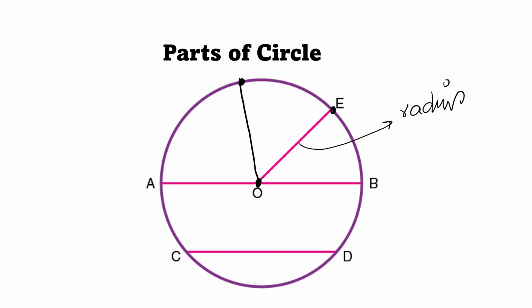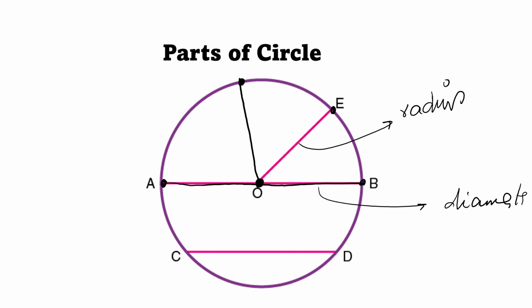Now the distance between one point on the circle and another point, passing through the center. It means one point is connected to the other point of the circle and in the middle there is the center, then this is said to be the diameter.